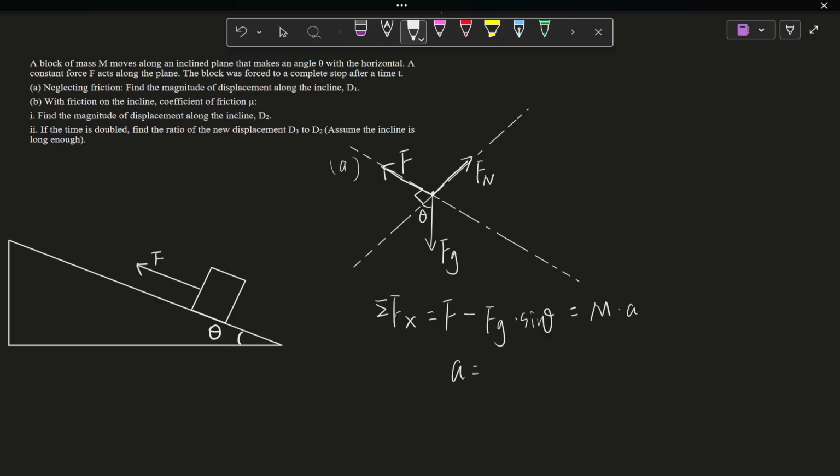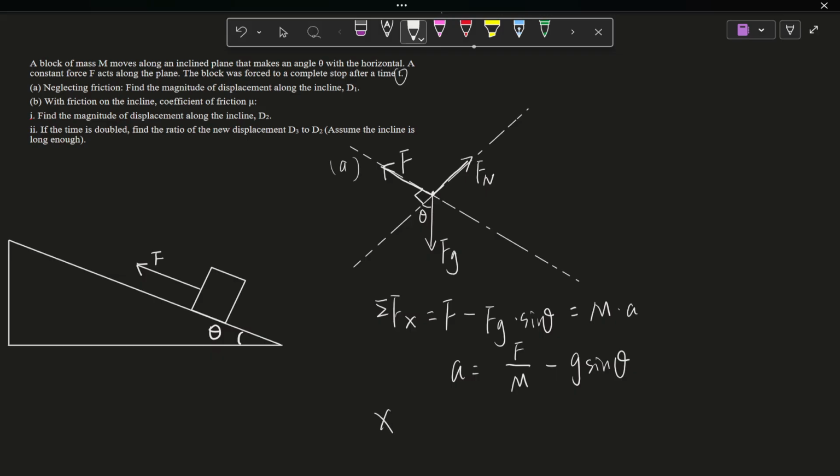F over m minus g sine theta. This is your acceleration along the slope, and then you want to find the displacement, right? After a time t.